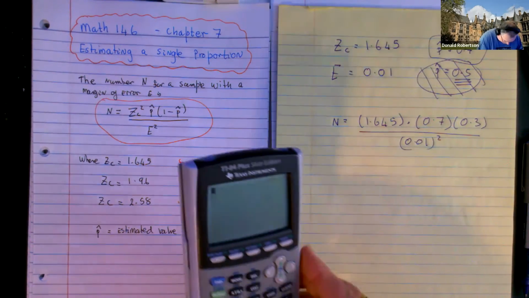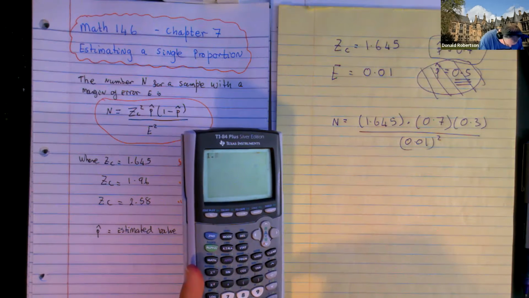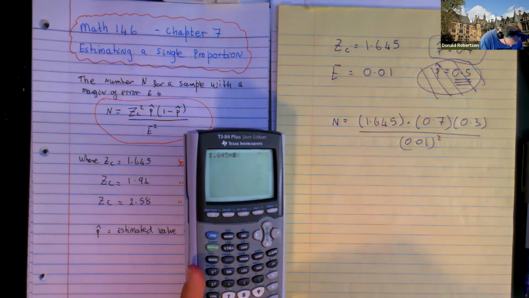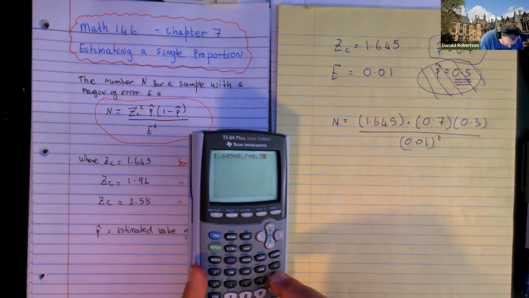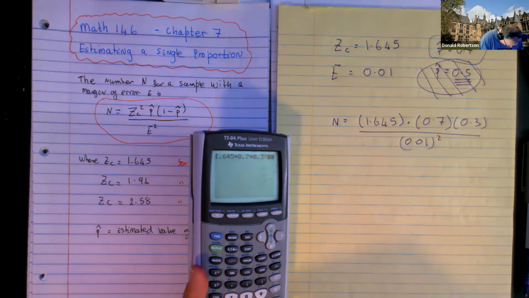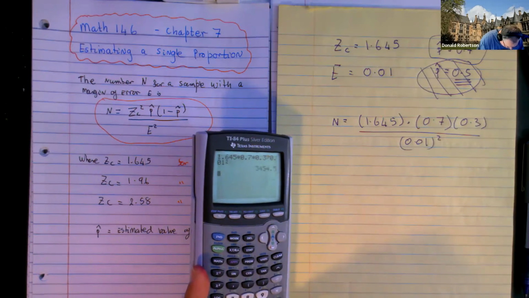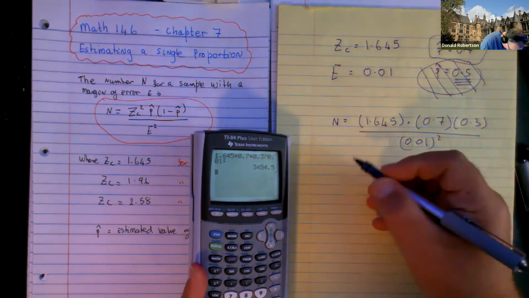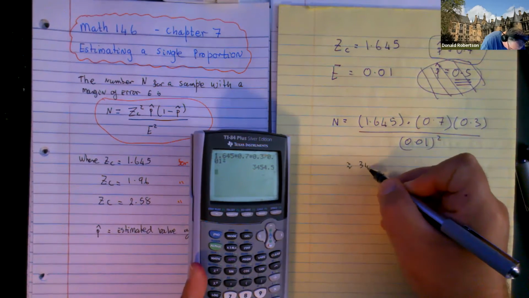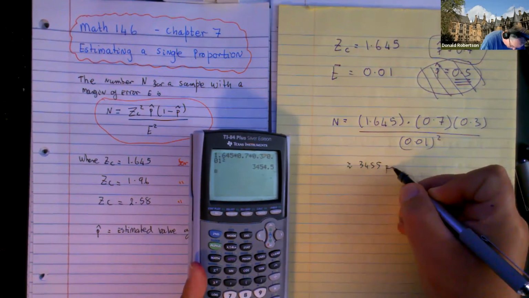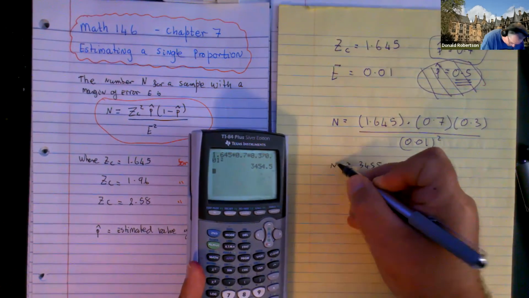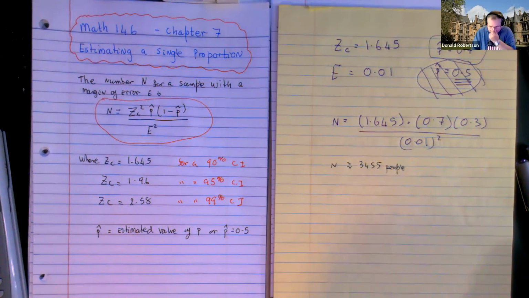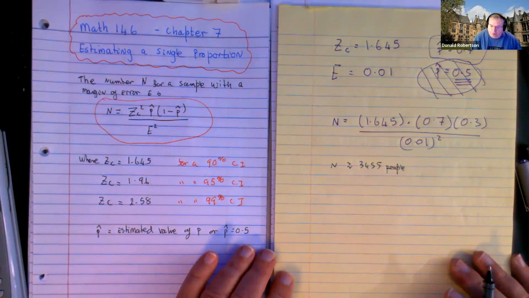So I'll go 1.645 times 0.7 times 0.3 divided by 0.01 squared, and I need about 3455 people. So I would need a pretty massive sample. 3,000 is not cheap. If you want to do a survey with 3,455 people, you're going to spend some money if you want to do it properly.